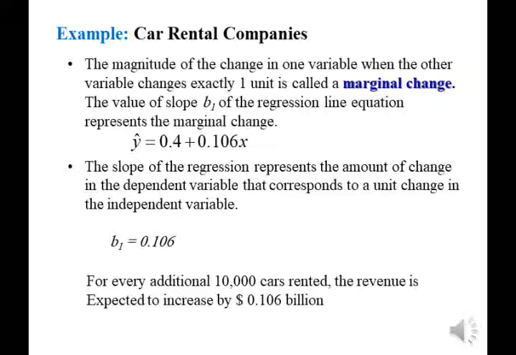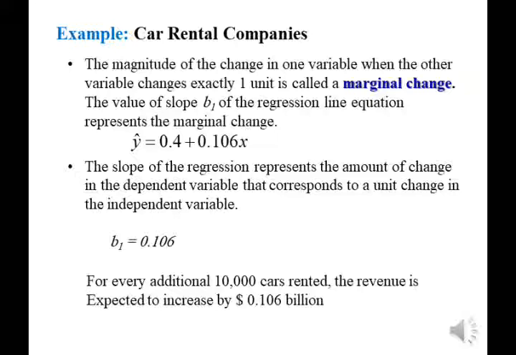Now let's see how I'm going to interpret the slope. Usually the slope will indicate what we call the marginal change in Y relative to X, which means that every time X increases by 1 unit, Y changes by the value of B1. In the general equation, how do we interpret B1, the slope of the equation?